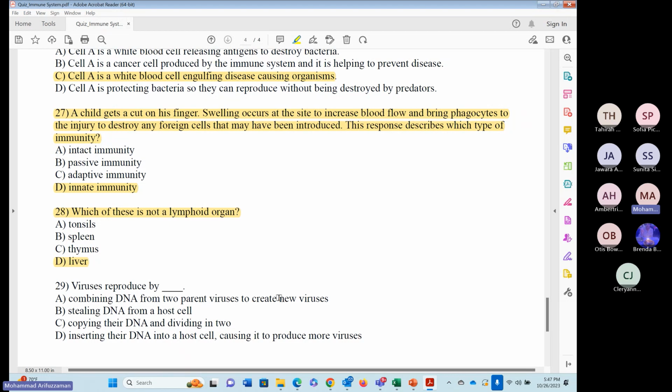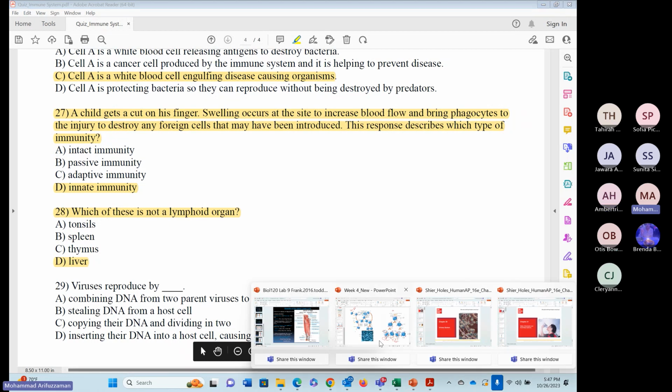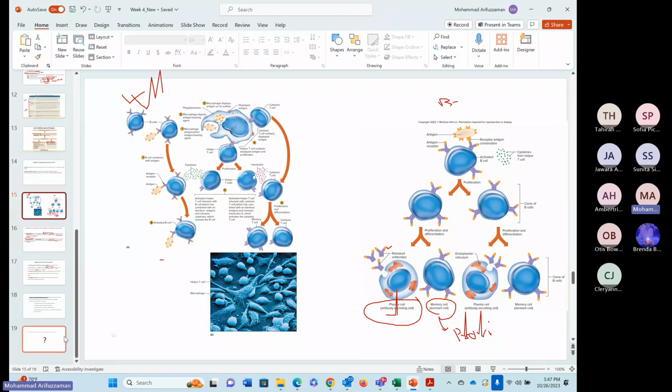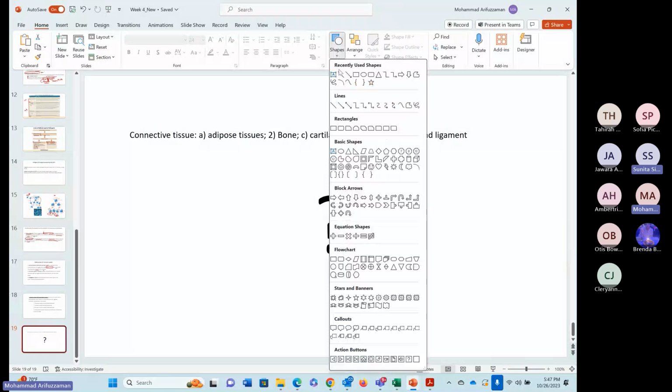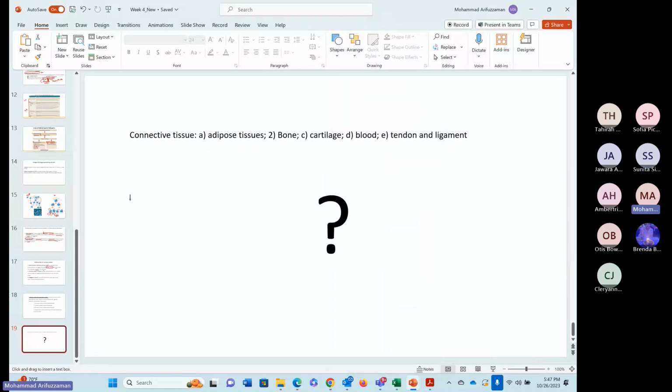Quick question: what is the function of the thymus? Yes, it is a hormonal gland. You are correct. The thymus is an endocrine, lymphatic organ. It is a very important lymphatic organ, present within the mediastinum, and the thymus produces a hormone named thymosin.